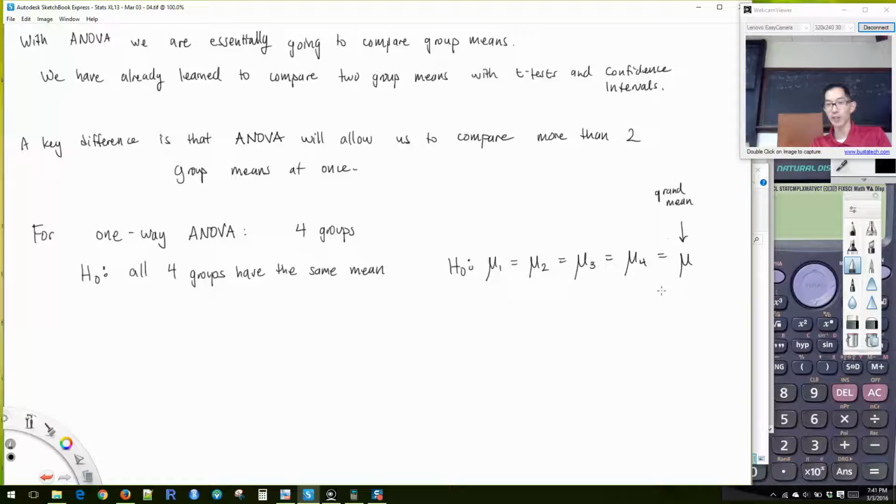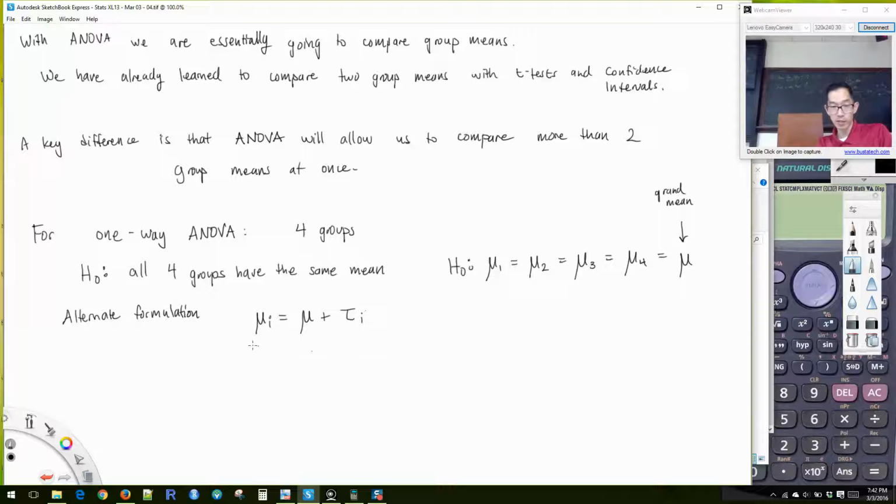This is the mean of everyone. So we're basically saying all of the group means are equal, and they're all equal to the grand mean for everyone. There's an alternate formulation for one-way ANOVA, which is to say mu sub i is equal to the grand mean plus some group effect tau sub i.